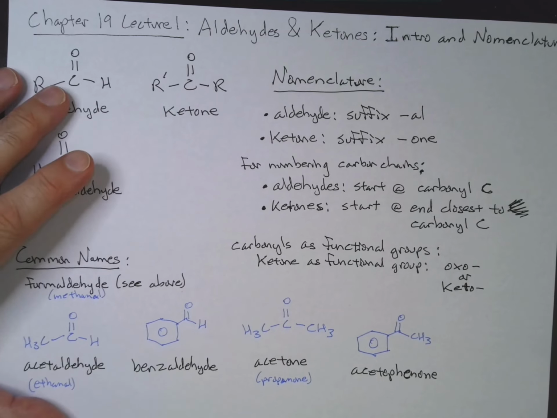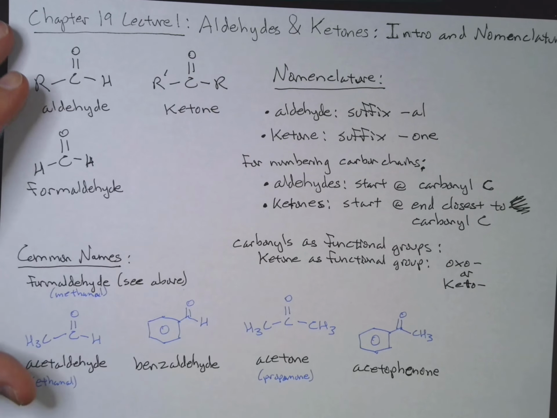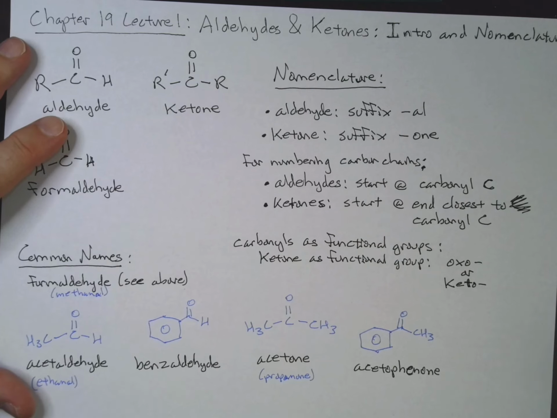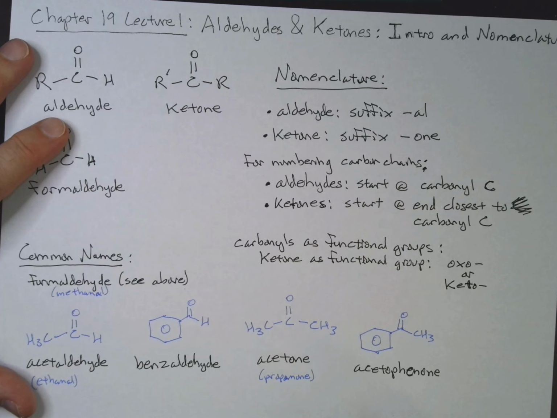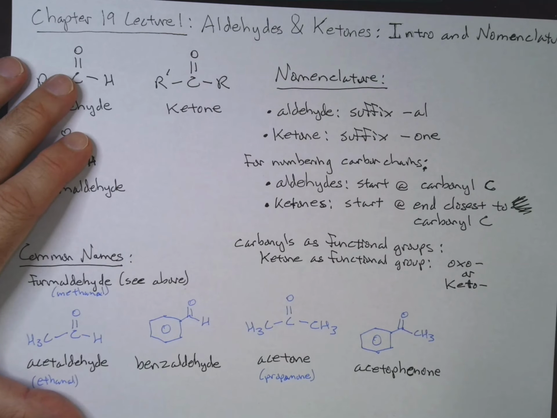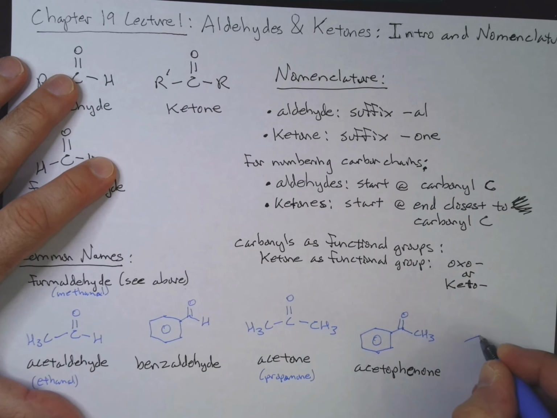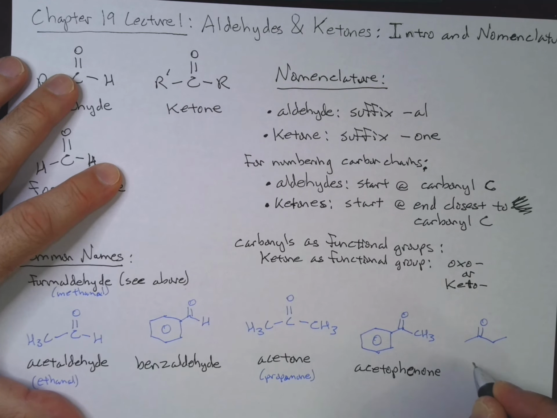Some other older types of nomenclature involve naming the two alkyl groups. So acetone would be dimethyl ketone. You could have something like a methyl on one side and ethyl on the other side, and this is methyl ethyl ketone.